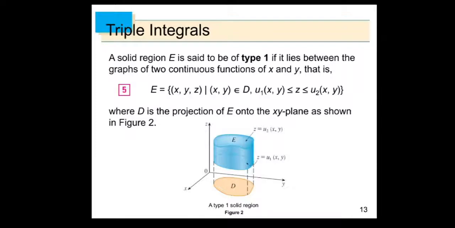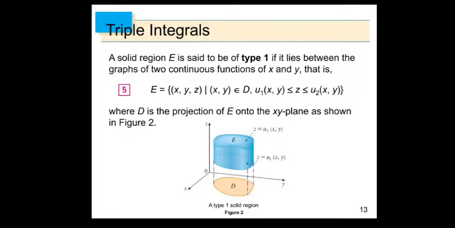If we have horizontal boundaries with the help of constants, then that's type 2. But here we have type 1 if it lies between the graphs of two continuous functions of x and y, right?